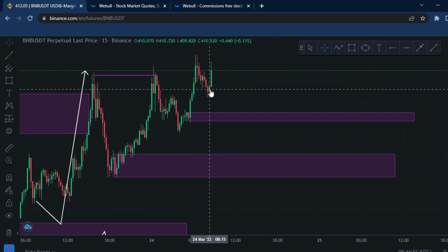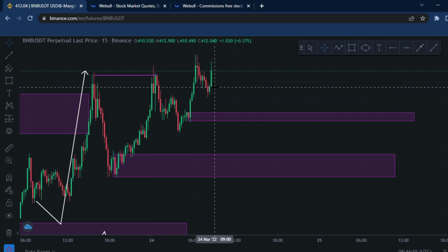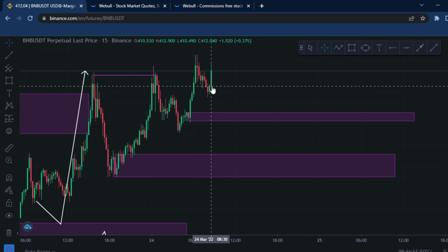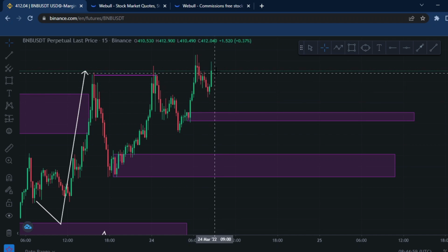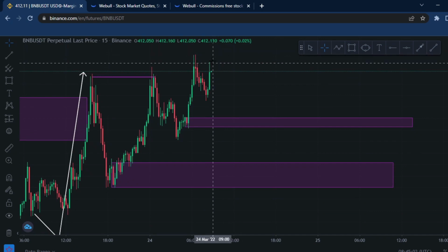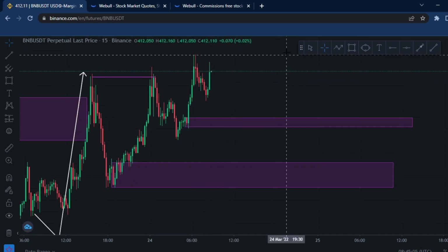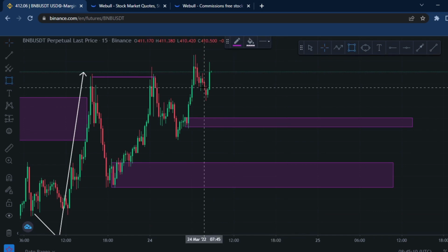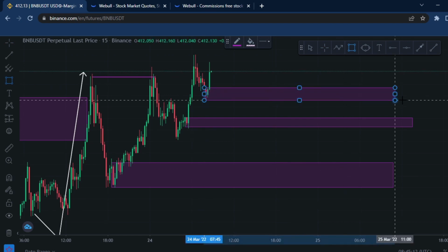Given that we got a pullback, by the way, this was a very perfect entry, because all of a sudden we got a bullish candle, and then here would be buying. Now we expect to create a new high, you get, or prices are going to start moving in that direction. After all, we expect new structures going up, you get, new structures going up.